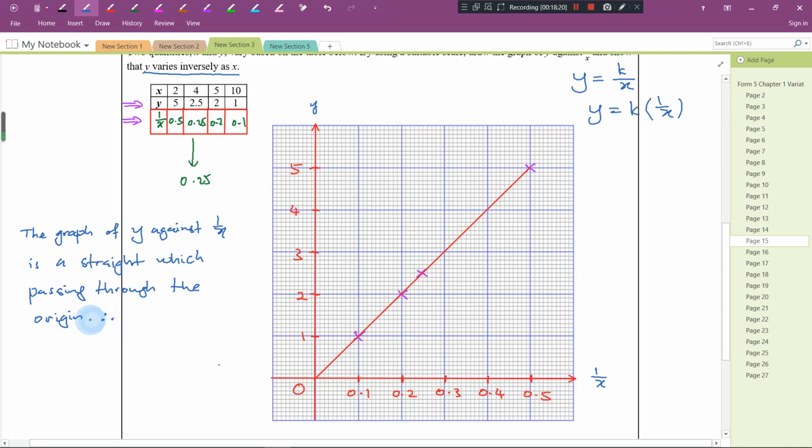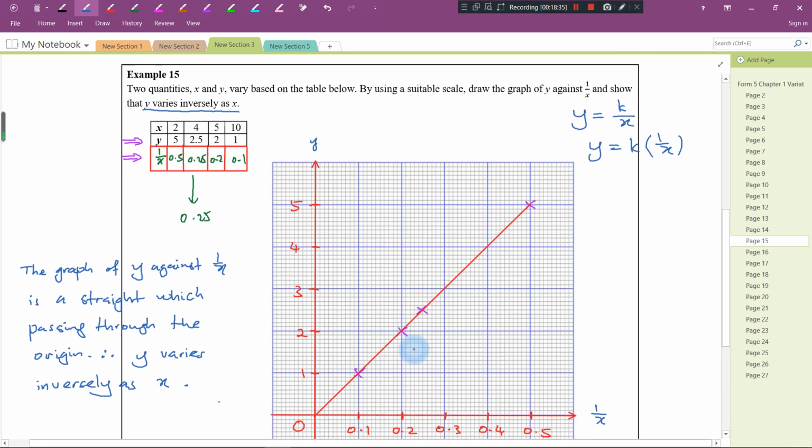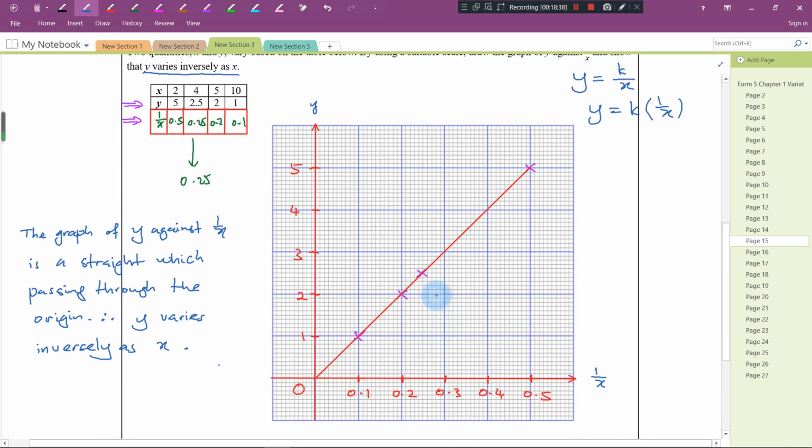Therefore, we can make a conclusion: y varies inversely as x. Okay, let's try another few examples.